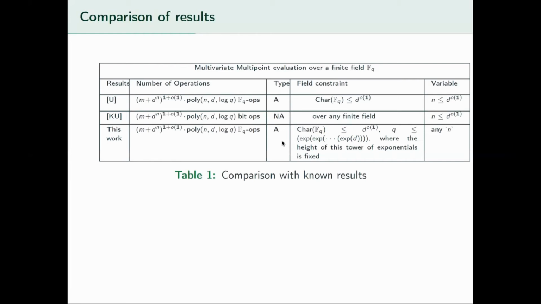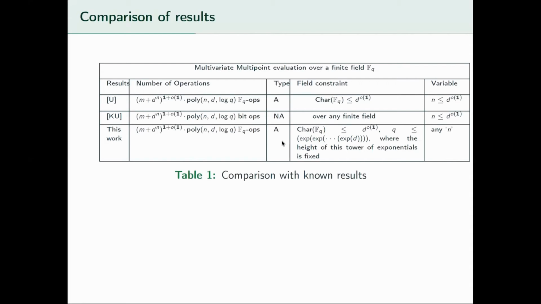They did it at the expense of making the algorithm non-algebraic, because they transform this problem to some other domain, solve it there, and then come back to their field. So they are not doing all basic field arithmetic, and that's why it becomes non-algebraic. Our algorithm again has some constants: the characteristic has to be upper bounded by d^o(1), and the field size should not be too large, but it preserves the algebraic nature.